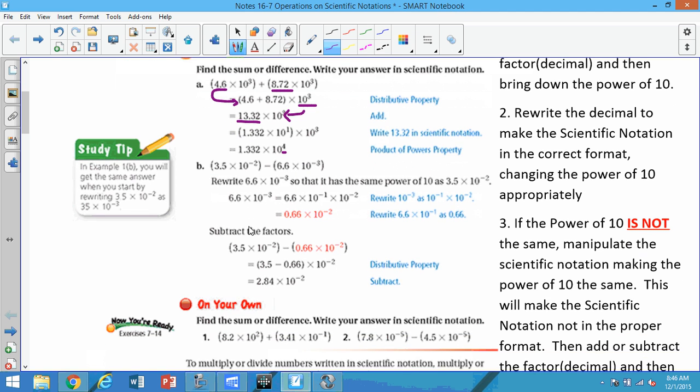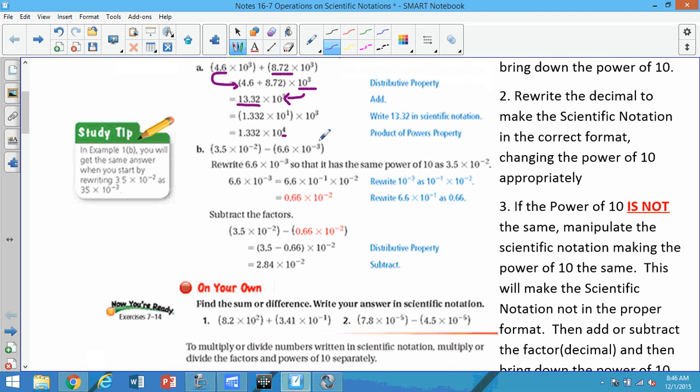Now, in example B, your exponents are different, and this time they're negative. And again, this can get confusing. So you start out with, I'm sorry, 3.5 and 6.6, and you're going to subtract those two. What are they doing here?